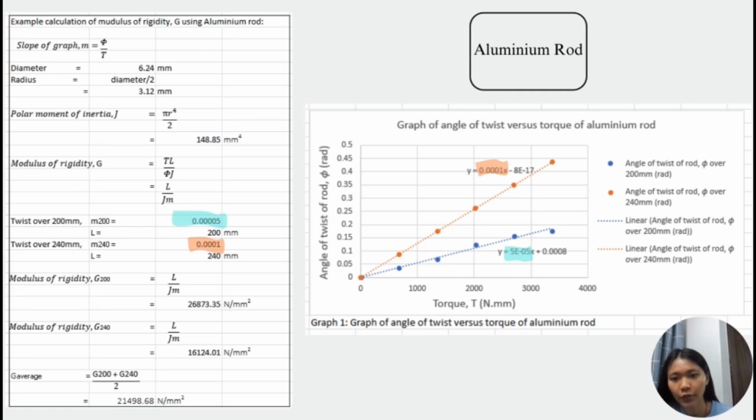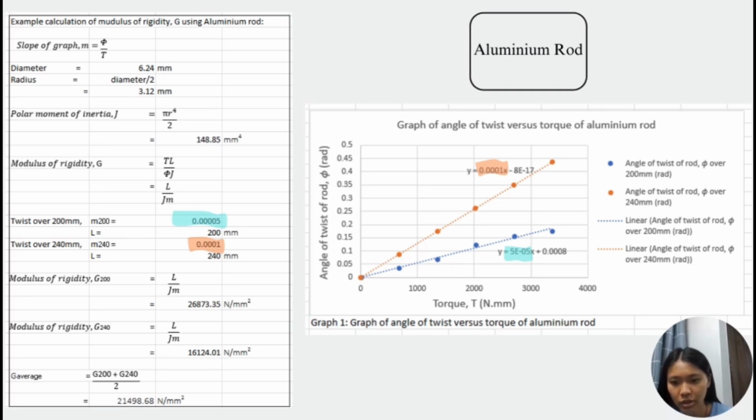Polar moment of inertia J equals pi r to the power of 4 over 2, where r is the radius of the aluminum rod. Modulus of rigidity is TL over phi J, where the gradient obtained is phi over T. Therefore, by substituting the gradient into the modulus of rigidity, we get modulus of rigidity G equals L over Jm.